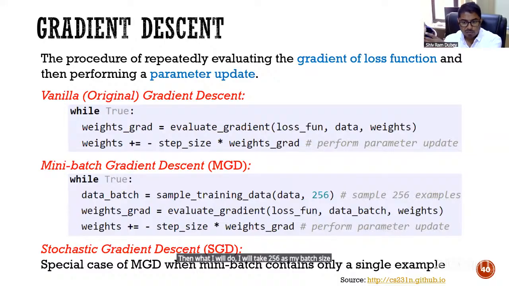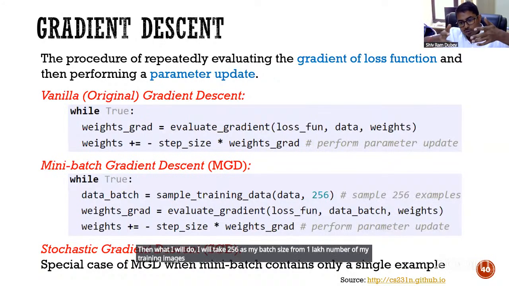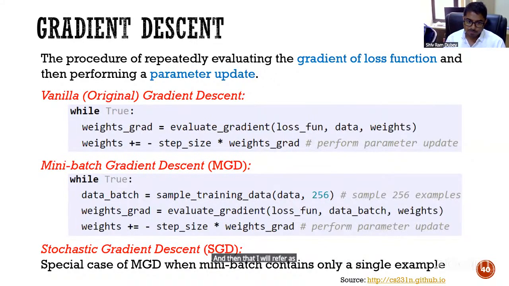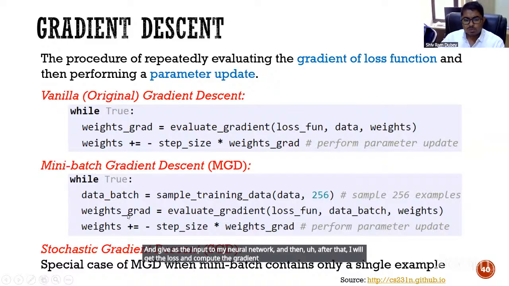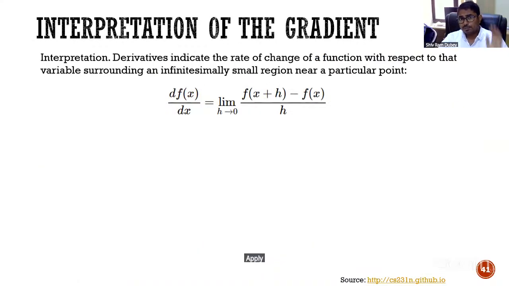From 1 lakh training images, I will take only 256 random images, refer to that as a batch of data and give it as the input to my neural network. Then I will get the loss and compute the gradient of my loss with respect to every parameter in the network. Every parameter of the network is updated in the opposite direction of the gradient, meaning weights equals weights minus the step size times the gradient that we have computed. That's how we apply gradient descent here.